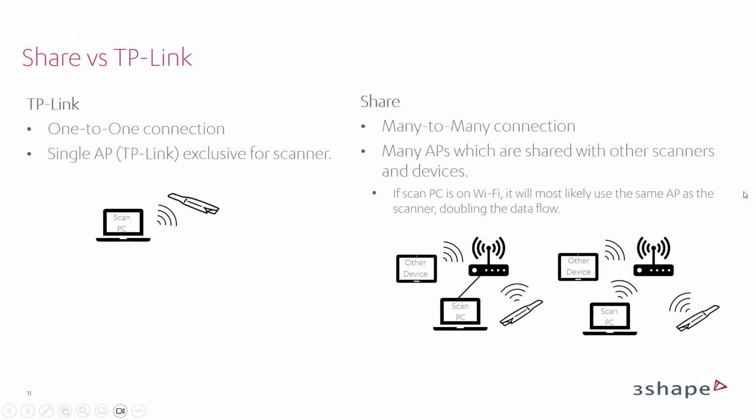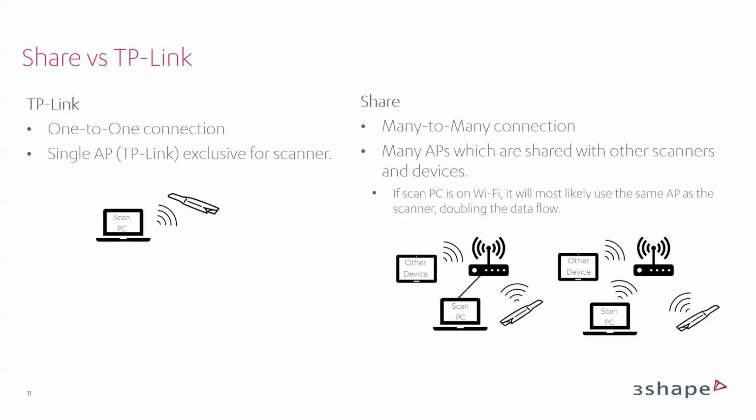If we connect the scanner with the help of TP-Link, we will have a one-to-one connection. It means we connect the TP-Link to the PC or your system, and we connect it directly to the scanner. You can see that it is a single adapter, the TP-Link, exclusive for the scanner. If we proceed with the Trios Share connectivity option, we can have many-to-many connections.